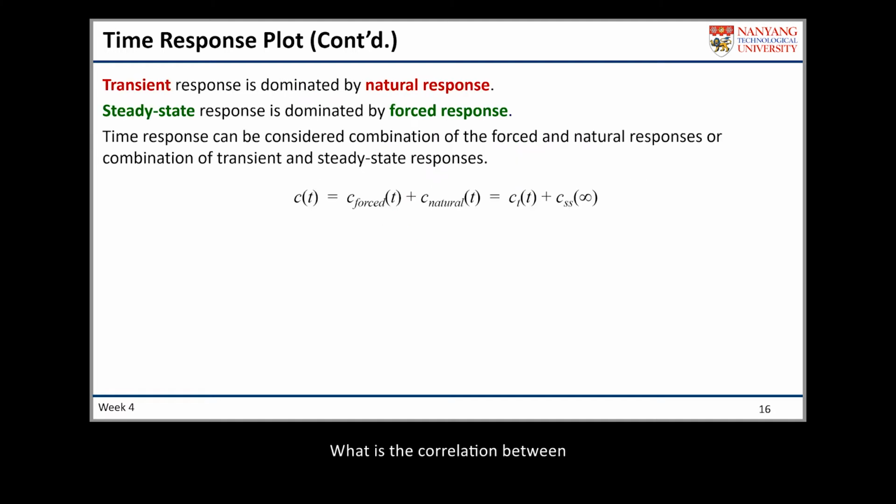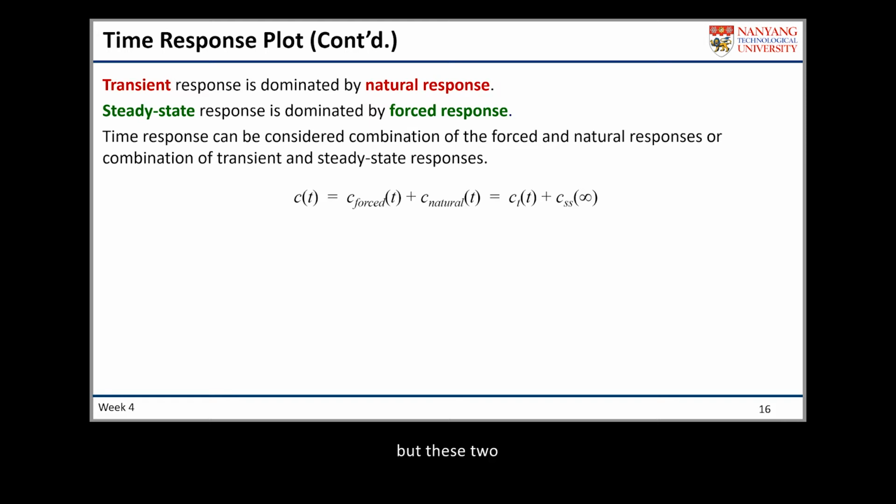What is the correlation between transient and steady state to the natural and forced responses, or to the homogeneous and particular solutions? If we are going to draw the line between these things, the transient response is more dominated by the natural response or the homogeneous solution, while the steady state response is more dominated by the particular solution.